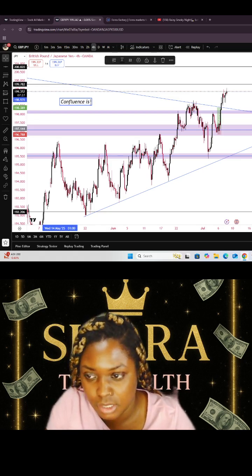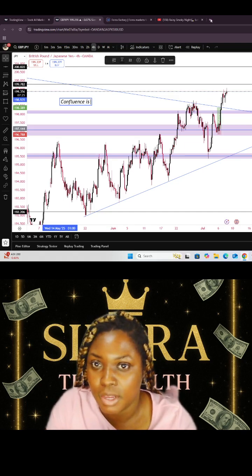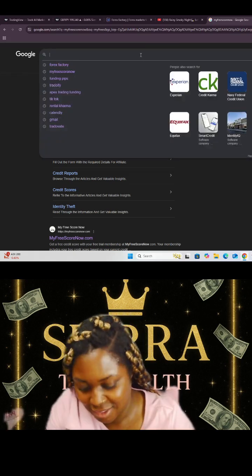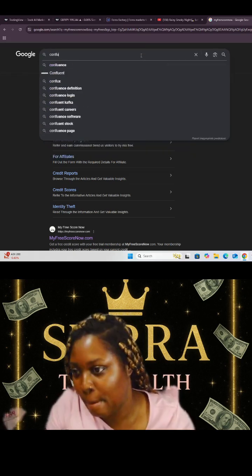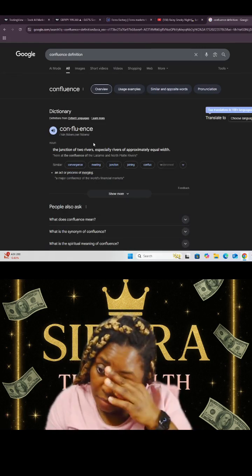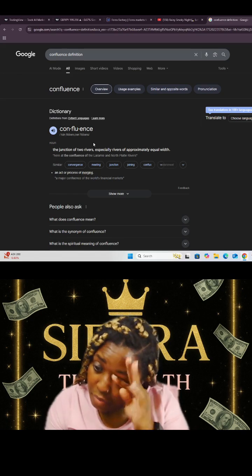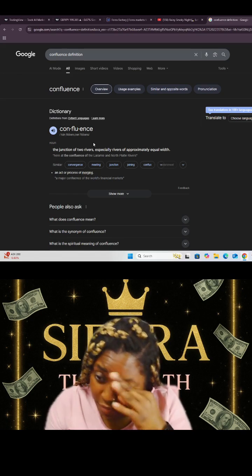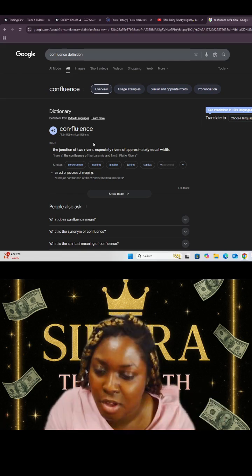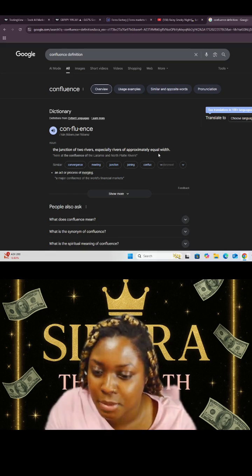A confluence is, let me get an exact definition. The definition of confluence says the junction of two rivers, especially rivers of approximately equal width.